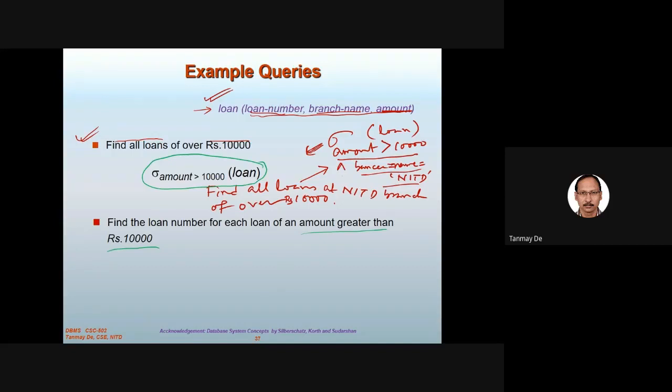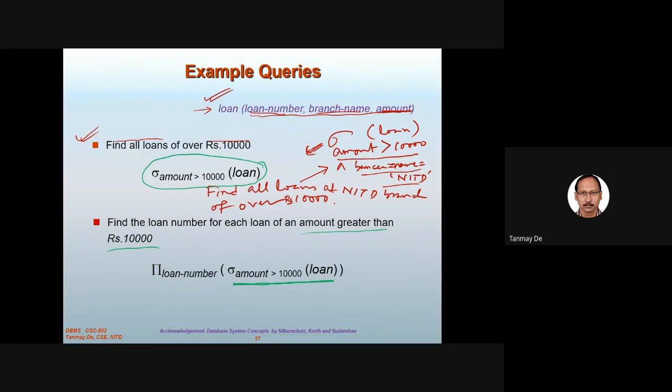So first we get the relation. What is the output of this? The output is a set of tuples, a relation, that is information about the loans where the loan amount is greater than 10,000 rupees. And if we perform the project operation on that, because the outcome of this part is also a relation, it is the input of this project operation.